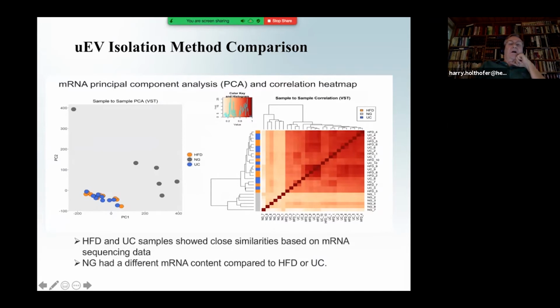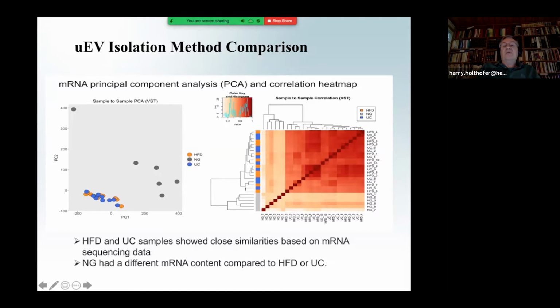We also sequenced the RNA from the EVs and did a principal component analysis of that, and we show that again the ultracentrifugation, with blue dots here, and the yellowish dots here with HFD, perform very nicely and very similarly compared to the kit-based methods.